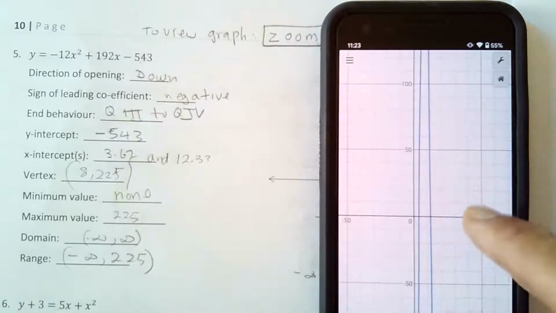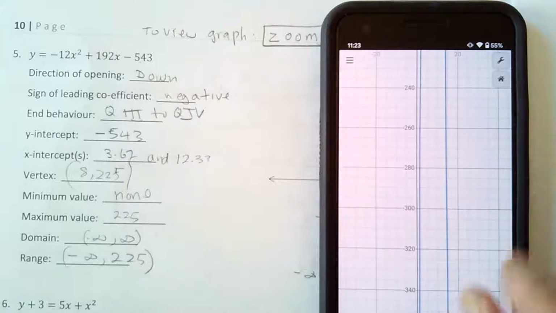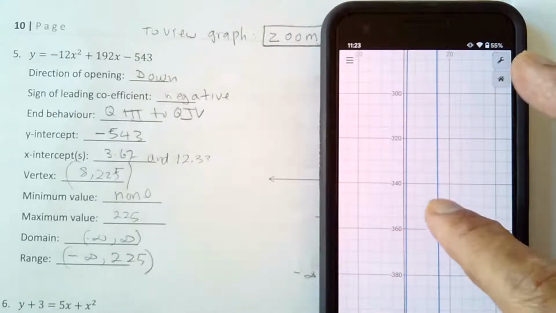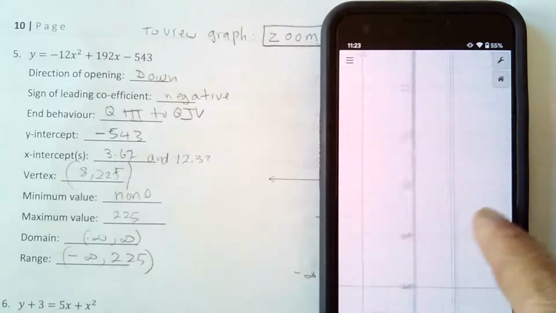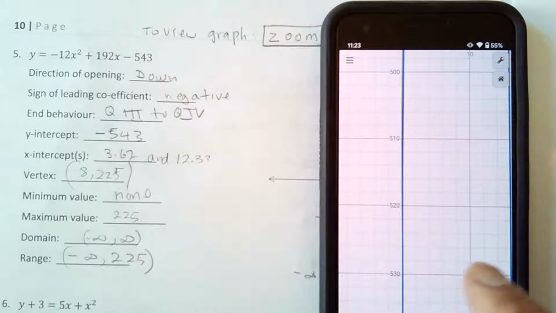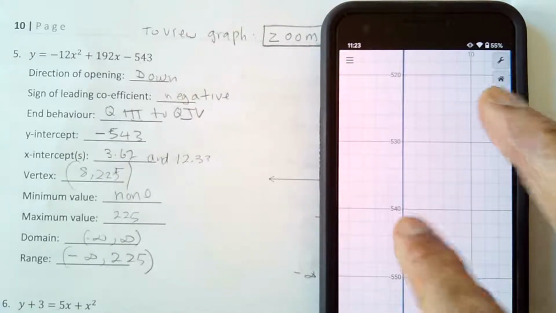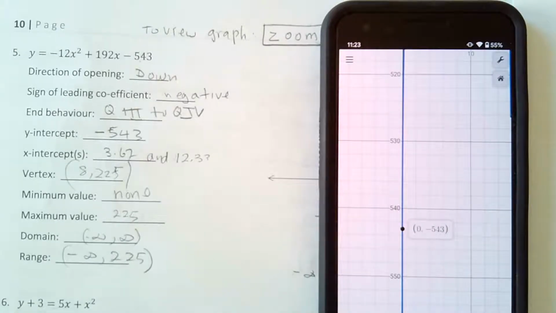And this is where you may have to go down a little bit here and find your way below here. So it's a little bit trickier when you have these huge values for intercepts.